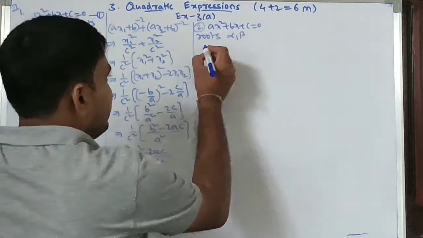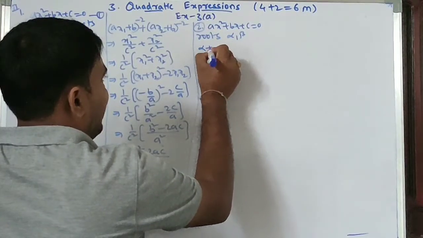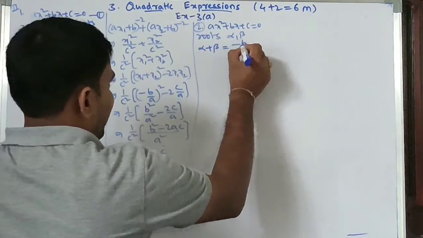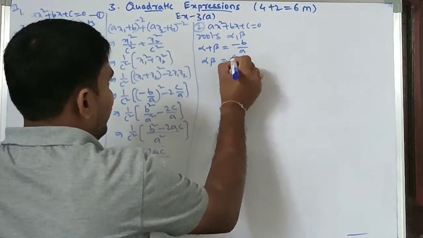First I want to take the relations: alpha + beta = sum of roots = -b/a, and alpha beta = c/a.